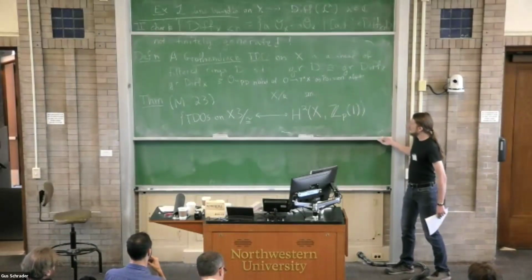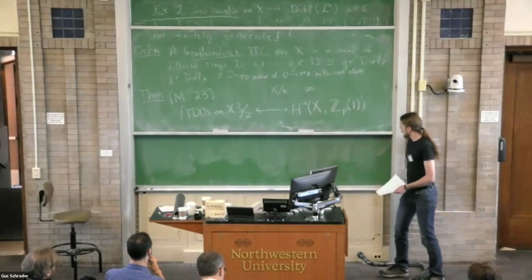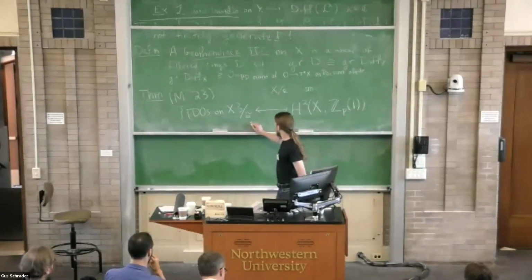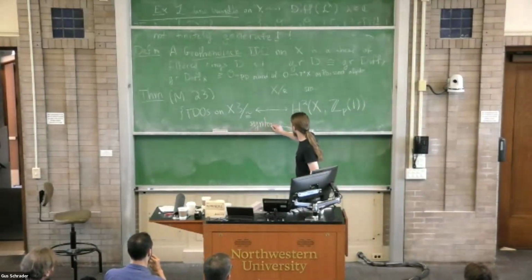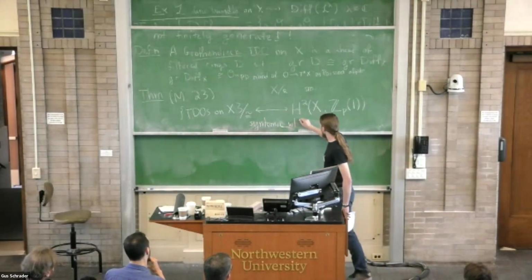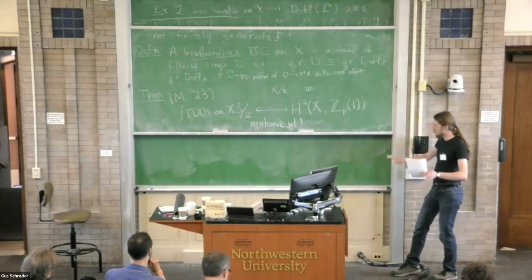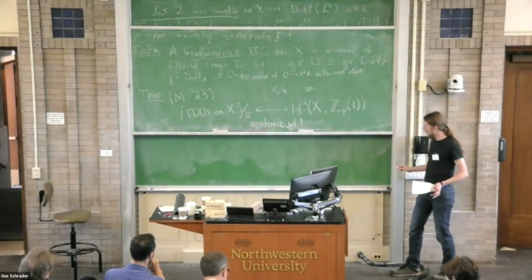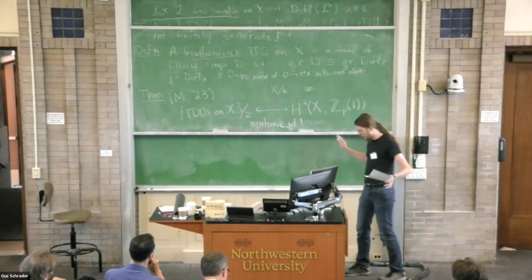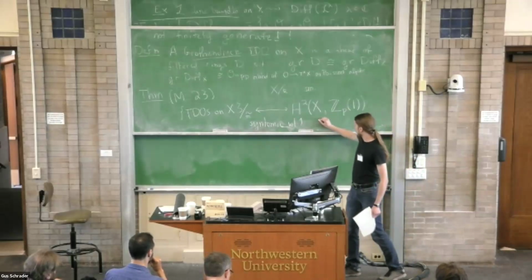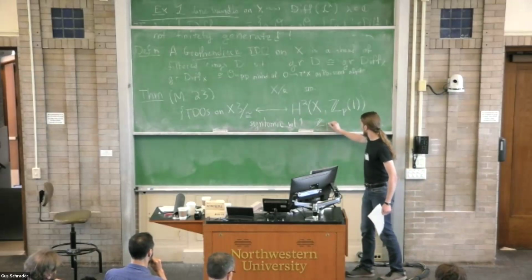Okay. So Z_p(1) means syntomic cohomology in weight 1, and in general, weight syntomic cohomology is something quite complicated to define and is of recent interest to people in arithmetic geometry. But in this case, there's a very concrete description.